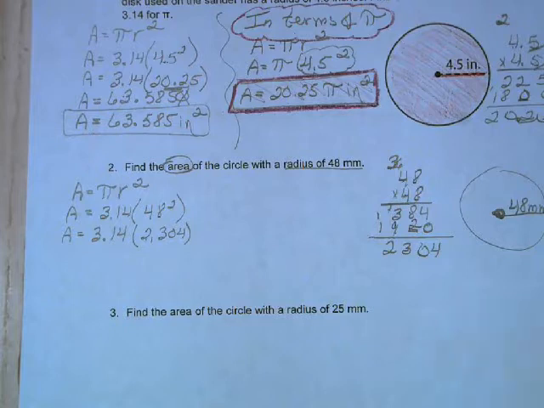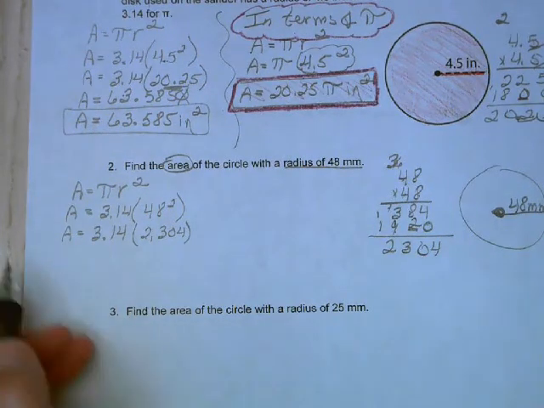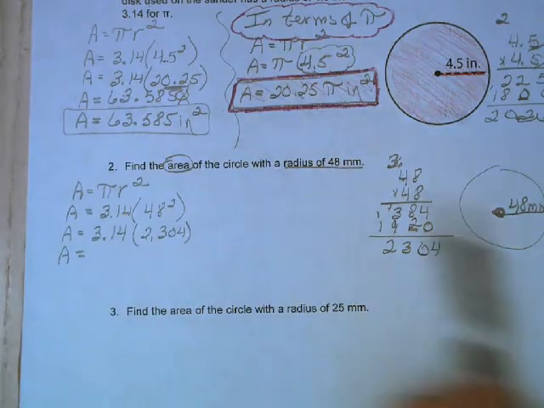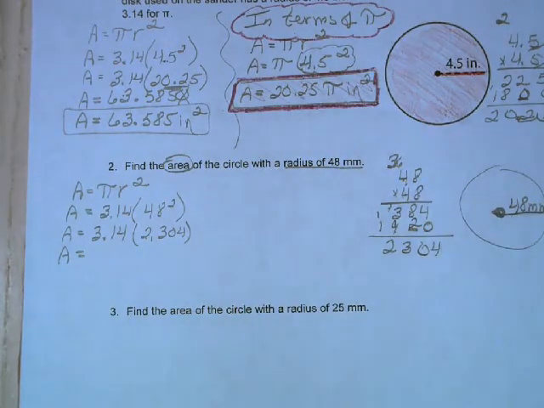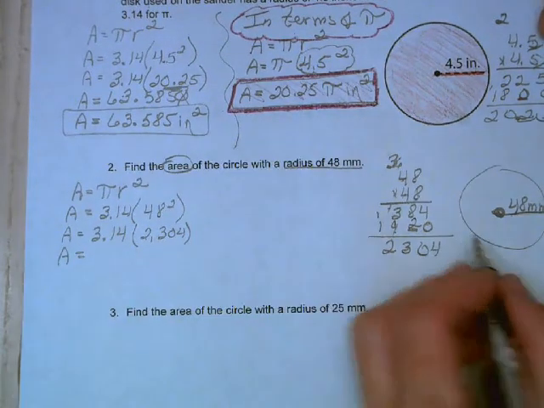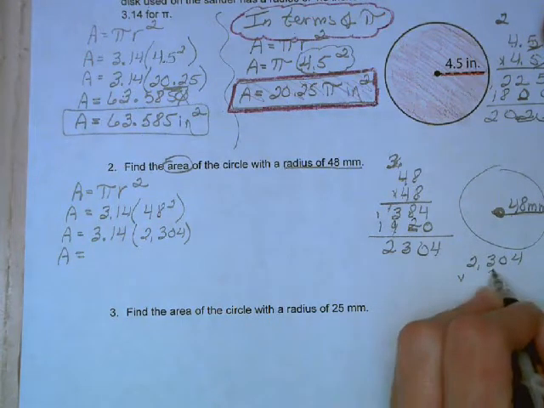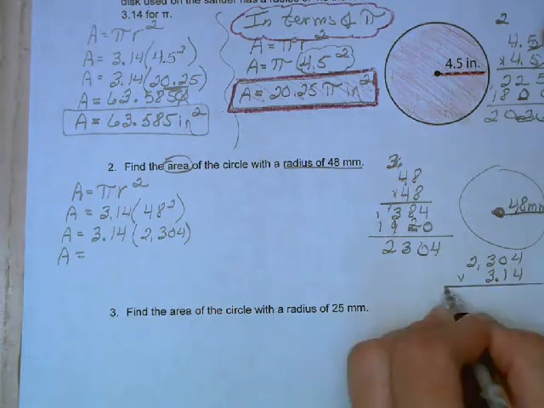So now I'm going to do some fancy multiplication to find the area of this circle that has a radius of 48 millimeters. So I'm going to say 2,304 times 3.14.